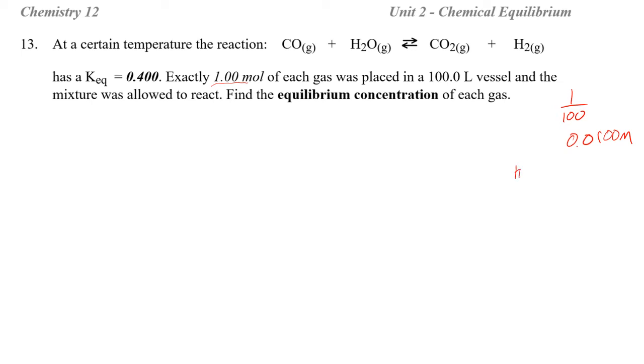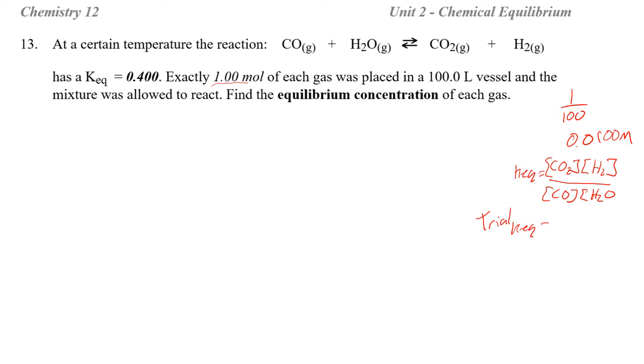Our Keq expression equals CO2 times H2, so our products over our reactants, concentration of CO times H2O. I'm going to do a trial, so I'm going to write trial right here.